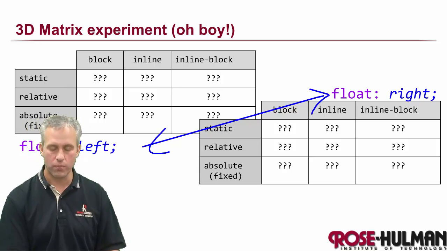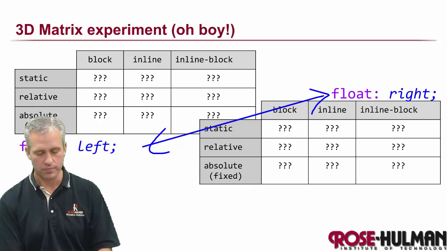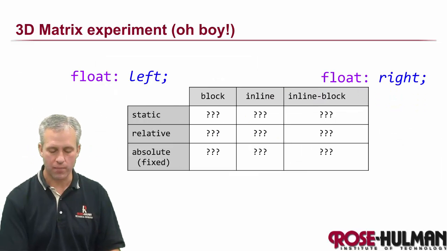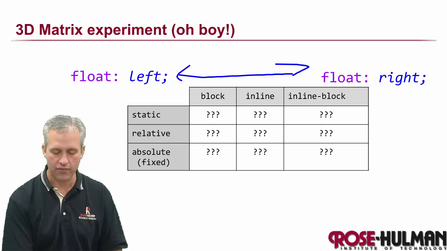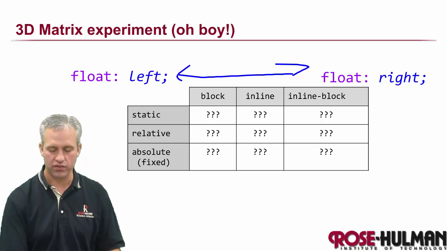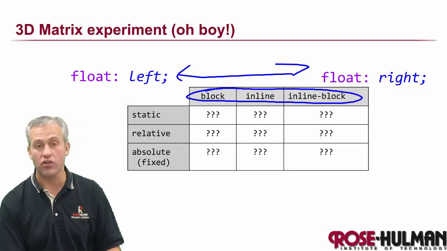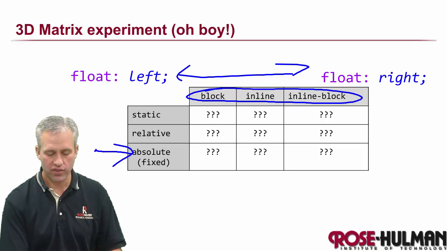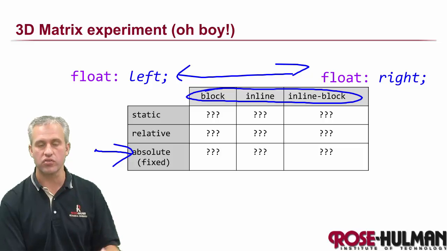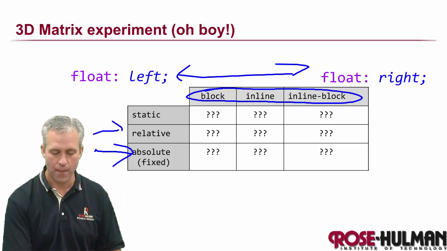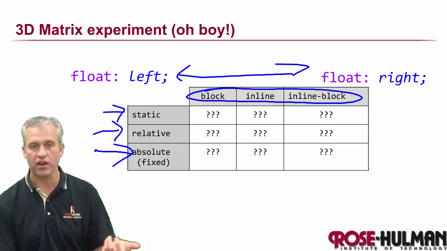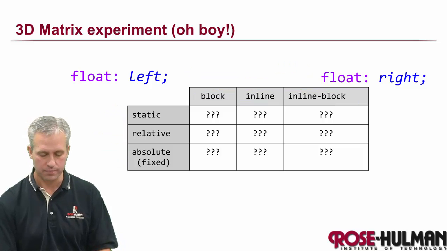If we understand one, we probably understand the other pretty well. So really what we care about is how float right and float left interact with these. What we're going to find is that the display turns out not to matter. So we just have to look at how float interacts with the three different position values, one at a time.